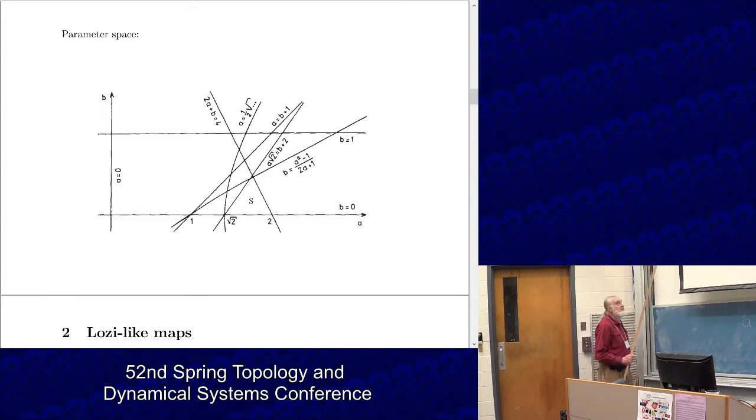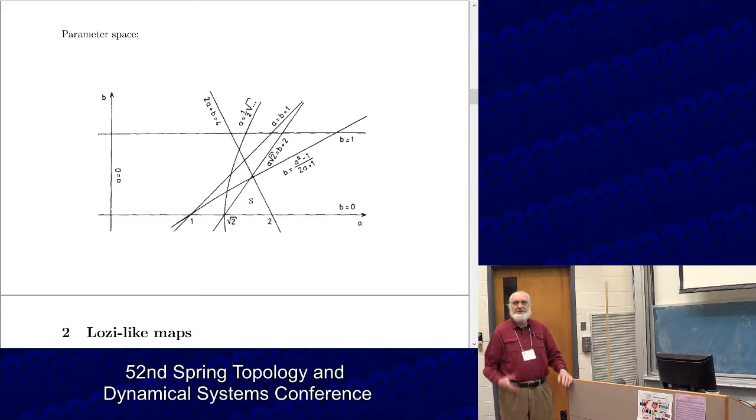And some lines are not really that something happens, but that some kind of estimates work or not work depending on which side of the line you are. And here you see such an almost triangle S. Here the tip of this triangle is cut off, and for A, B in this triangle, really there exists this strange attractor.